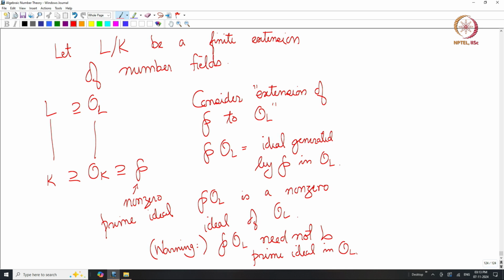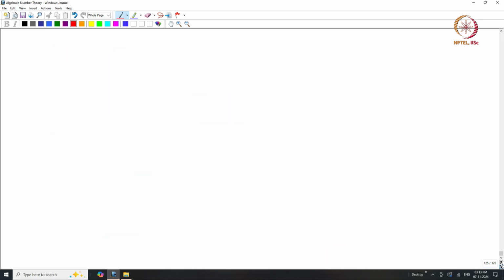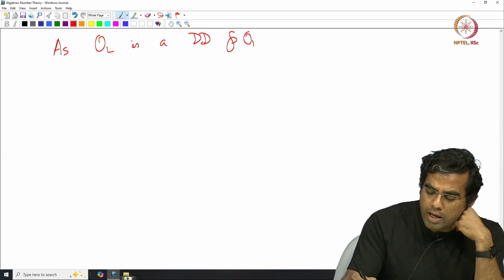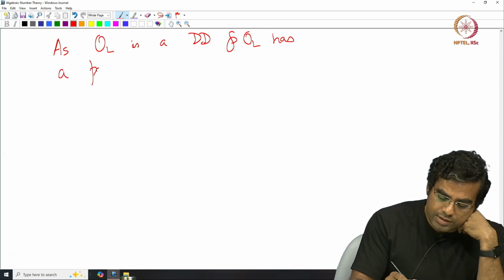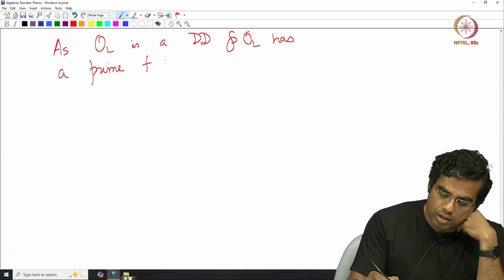It is an ideal of OL, it is a non-zero ideal, but just because P is a prime ideal, POL need not be a prime ideal. In any case, as OL is a Dedekind domain, POL has a prime factorization in OL.